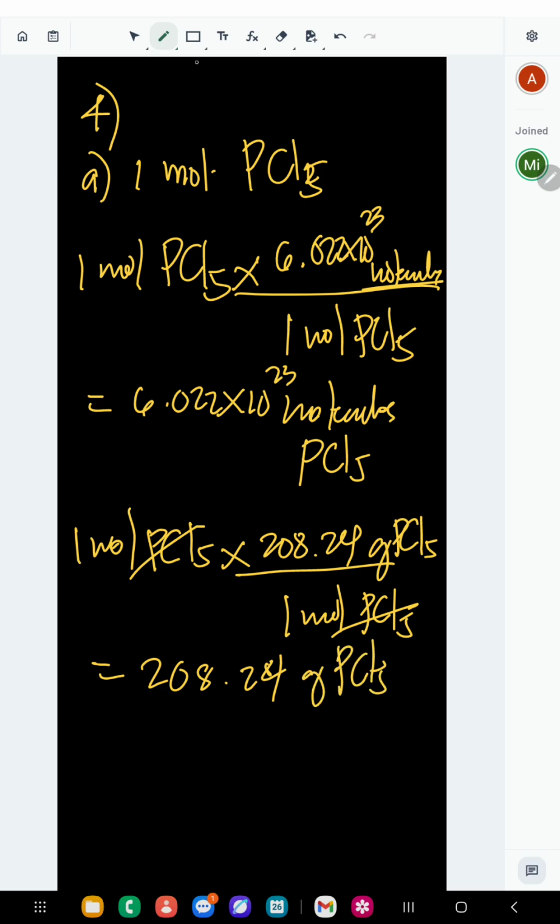Okay, no questions? Let's move on to number 5. 1 to 4, it's just easy. For each of the following, determine the mass needed to supply the quantity indicated. So we're given here for the first one, 2.51 mole CCl4.